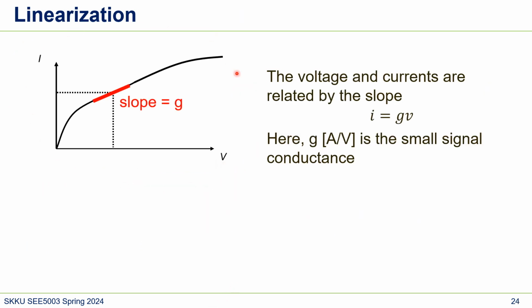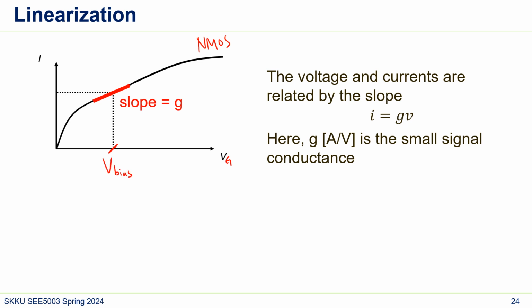So this is our IV curve for our nonlinear NMOS. And we got here, and this is, let's say, VG, and it was V bias, right?